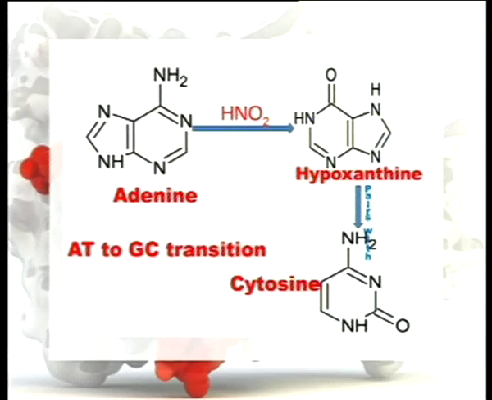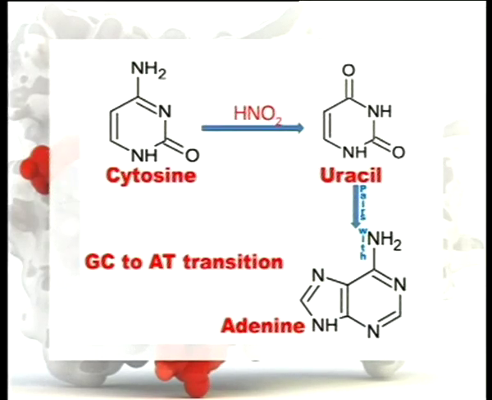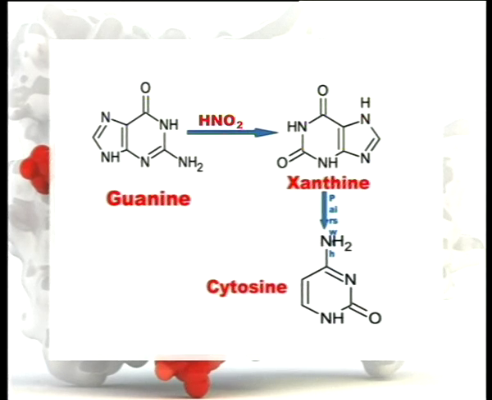This leads to an adenine-thymine to guanine-cytosine transition. Cytosine is converted to uracil, which base pairs with adenine instead of guanine. This leads to a guanine-cytosine to adenine-thymine transition. Deamination of guanine produces xanthine, but xanthine base pairs with cytosine just like guanine.